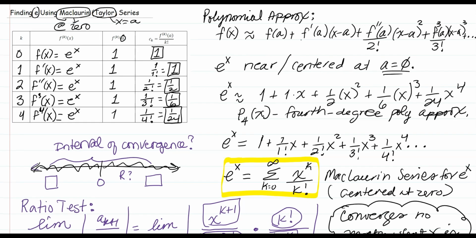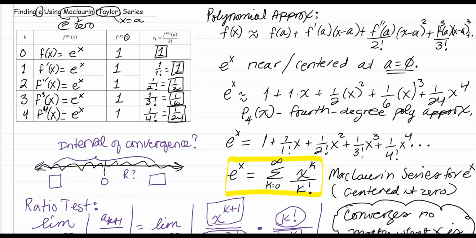And then we say, well, here is this approximation right here, okay? And then we say, hey, what if we let it go infinitely? Well, when it goes infinitely, then we will have what we call a Taylor series. And in this case, since it's centered at 0, then we have what we call a Maclaurin series.